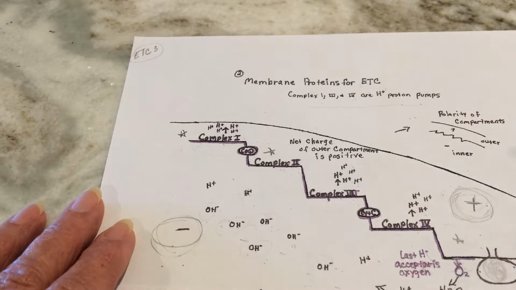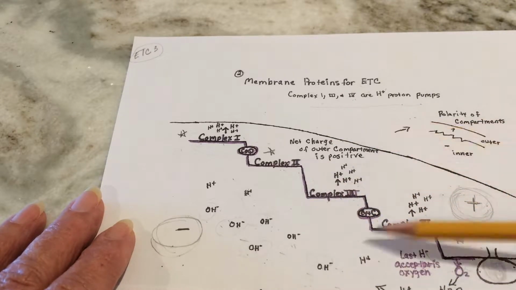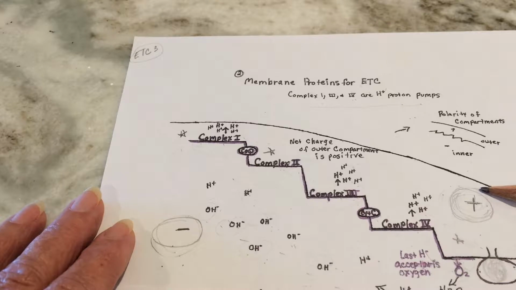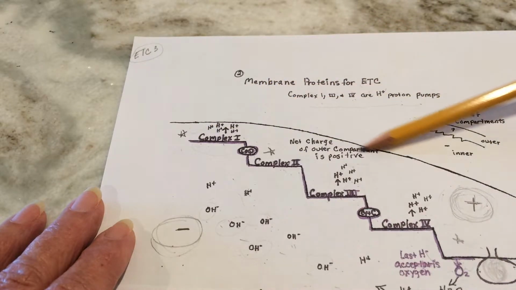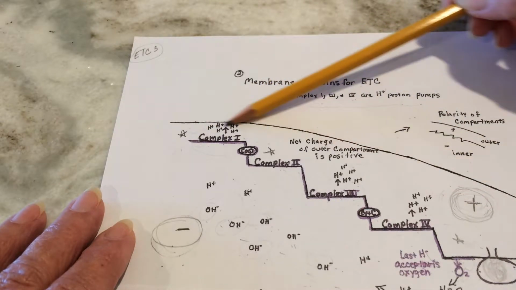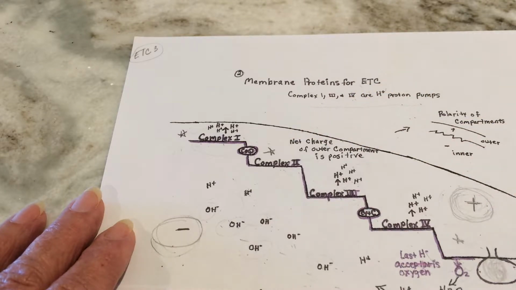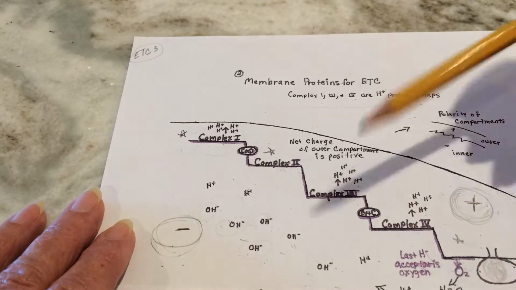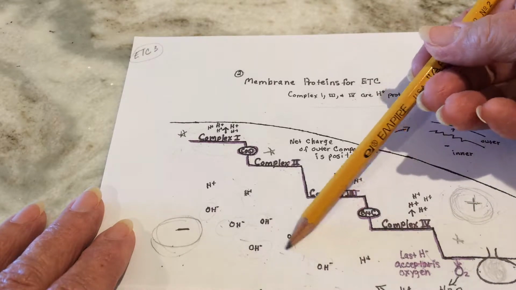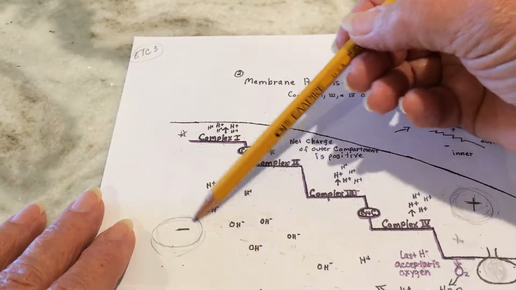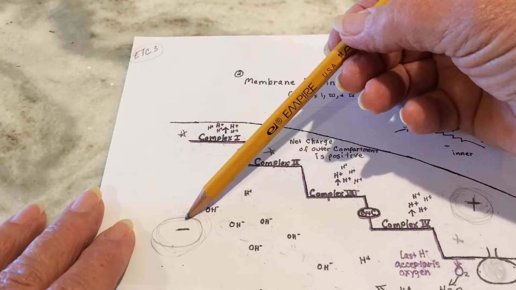Now what happens is that as all of these hydrogen protons are pumped out, an electrical charge is formed here in the outer compartment, and that electrical charge is positive. Now on the inner chamber, or inner compartment, we've got an overall negative charge.